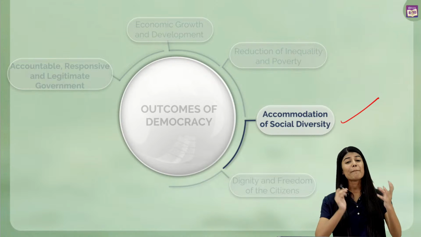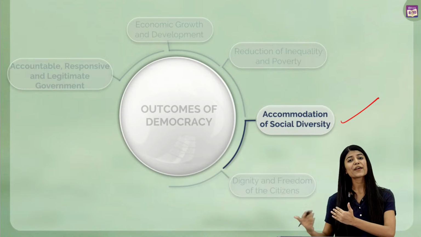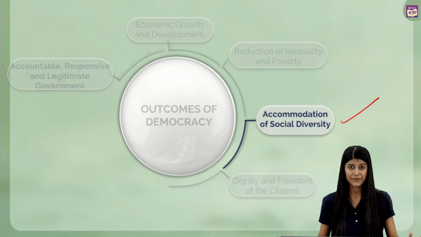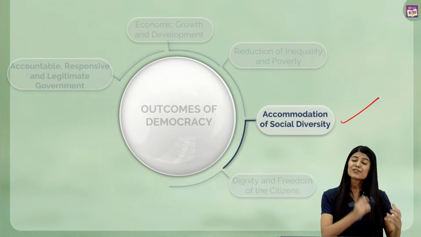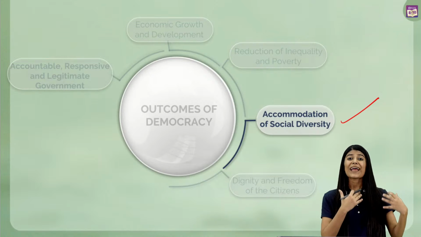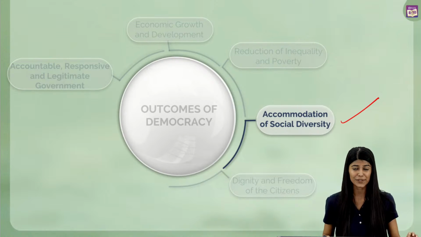For example, men and women are different social groups because women have their own problems that they have to deal with in a male-dominated world, right? We also have religious groups, linguistic groups, and various other ethnic groups across the nation within the country.